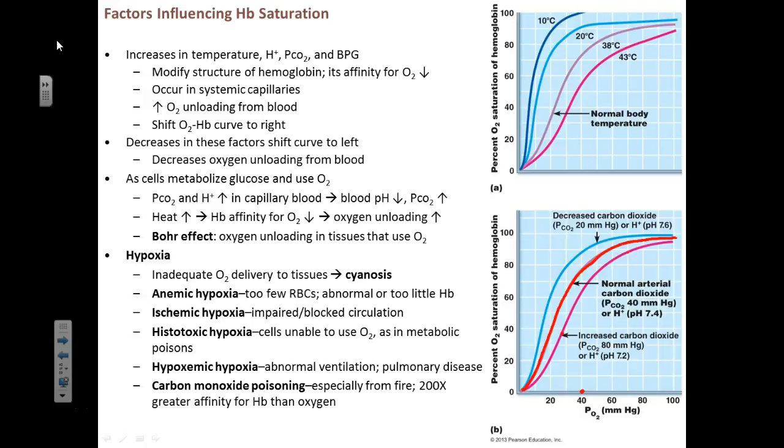So if we take 40, okay, let me use the black color, take 40 and this is the unloading at the normal condition. Everybody understood what I just did?